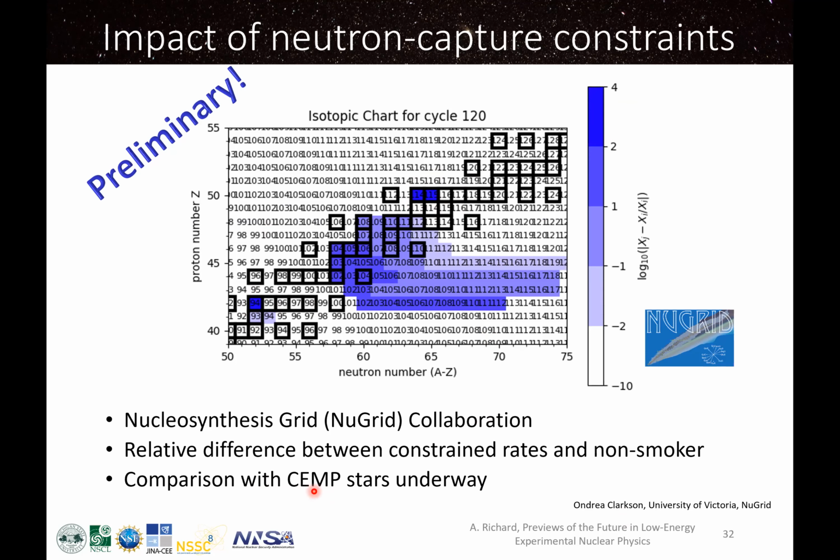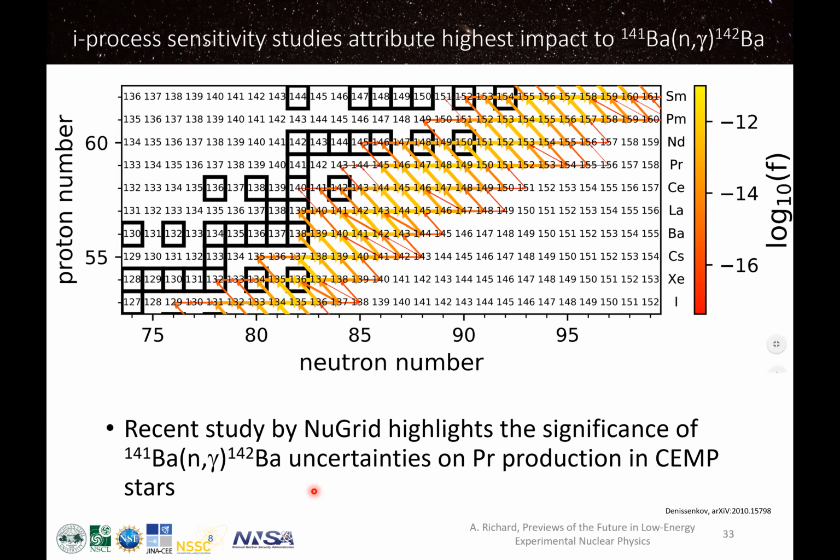So this is the first half of my presentation, where we talked about i-process constraints that we can get from the NSCL. But I also want to say that the molybdenum isotopes are not the only things that are important for the i-process. In a recent sensitivity study that was done by the same group, the NuGrid group, for a slightly higher mass region, this is showing reaction flow for these isotopes that are here.